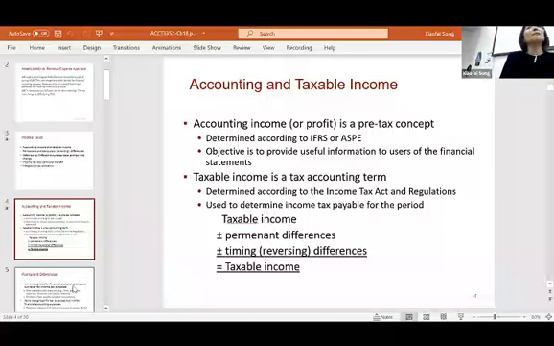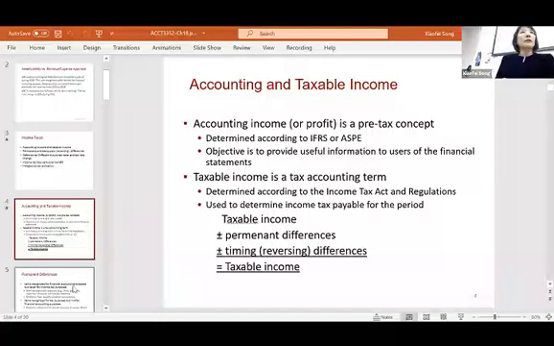In the income statement, after revenue, expenses, and the gains and losses, you come to income before taxes. That's it. It's called the accounting income because it's determined in accordance with the accounting rules, either IFRS or ASPE.